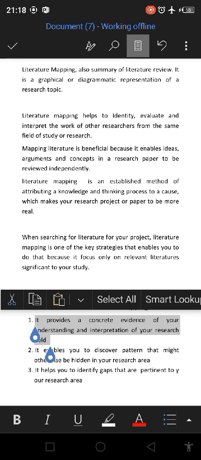So whenever your supervisor or the people that you are showing your mapping to are asking you questions, you'll be able to respond intelligently. And once you respond and show them your mapping, it is an evidence that you've gone to do your work. You've done diligent work on what you're trying to work on.